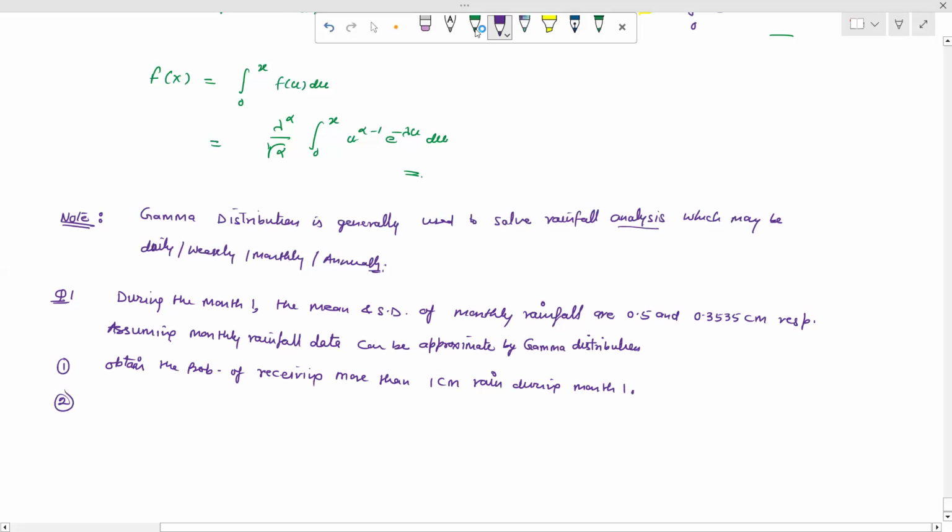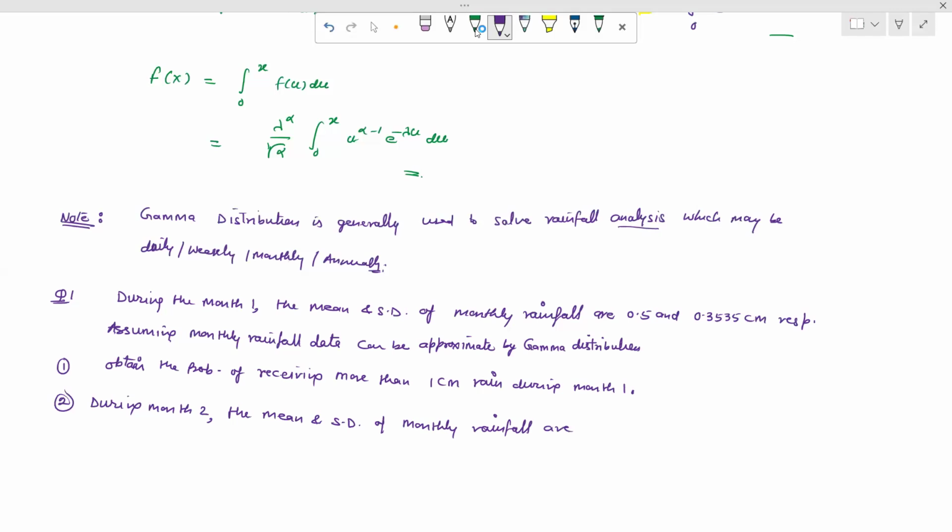Second part: during month 2, the mean and standard deviation of monthly rainfall are 1 and 0.5 respectively.